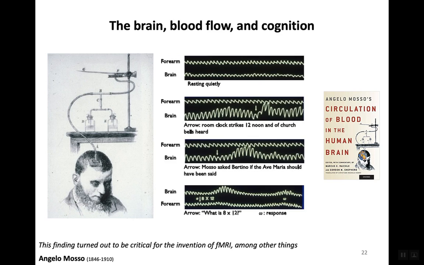But again, this was around 100 years before the invention of fMRI. So at this stage, I think there is little doubt that the brain is the seat of the mind, and it is critical for cognition.